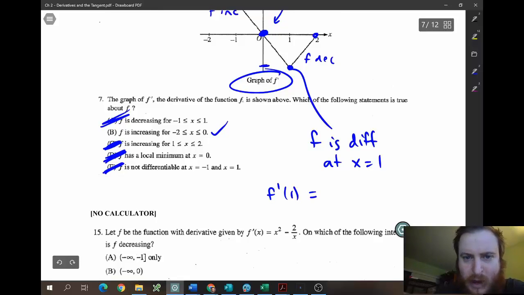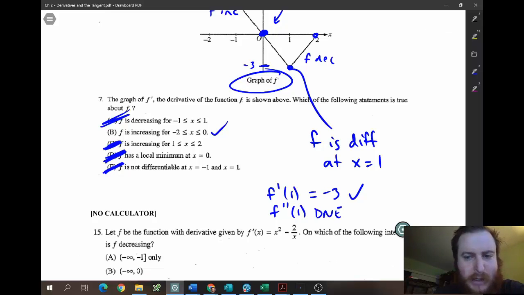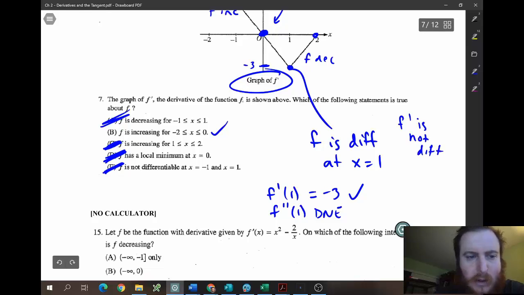It's whatever that y value is. Maybe this was like -3, who knows, right? So f was differentiable. But f double prime of 1 would not exist. So f is differentiable because f prime existed. But f prime, the derivative, is not differentiable. Okay, so this guy was choice B.